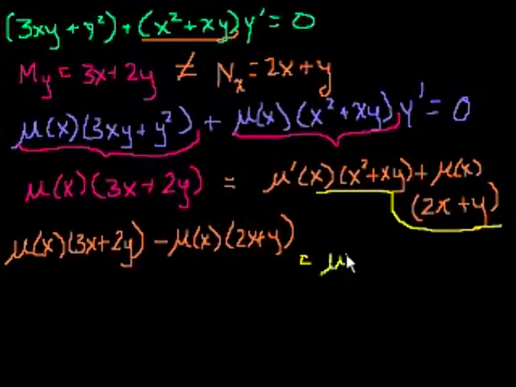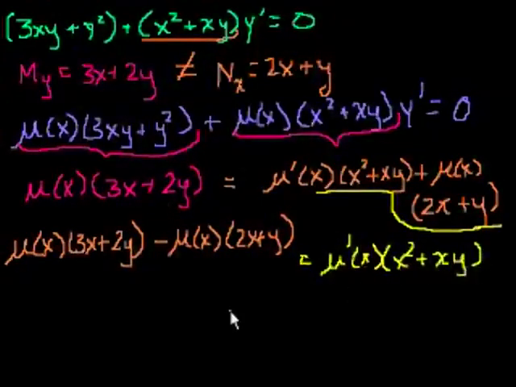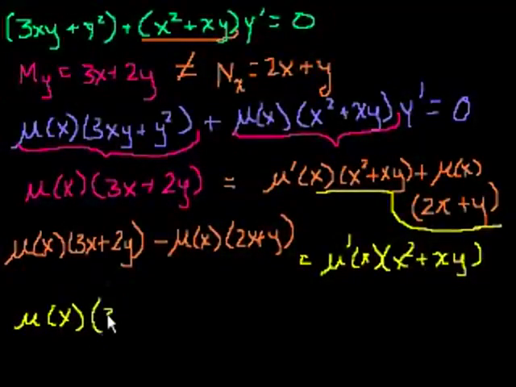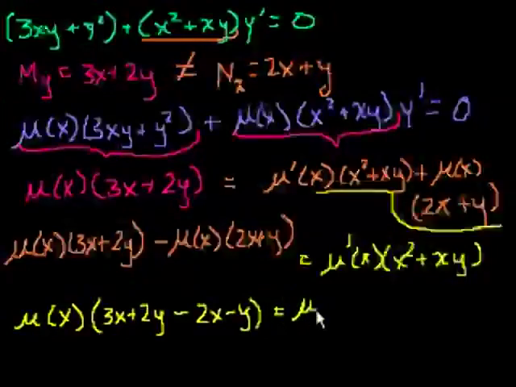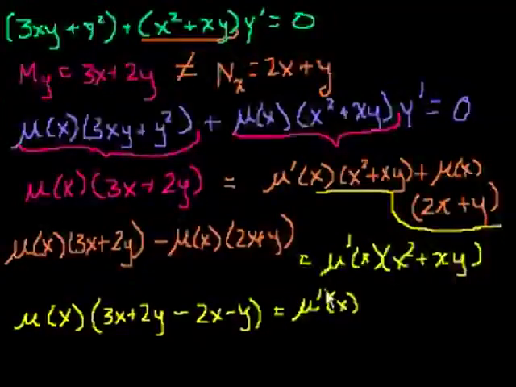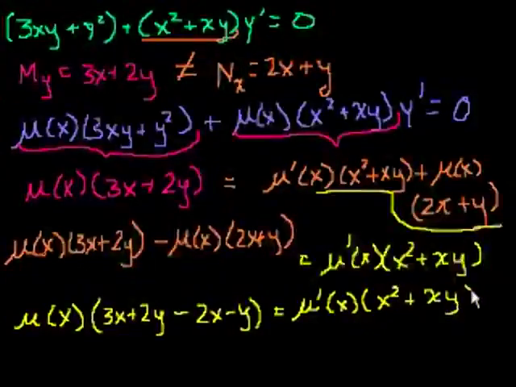That equals mu prime of x times x squared plus xy. And if we factor out a mu of x here, we get mu of x times 3x plus 2y minus 2x minus y is equal to mu prime of x, the derivative of mu with respect to x, times x squared plus xy.